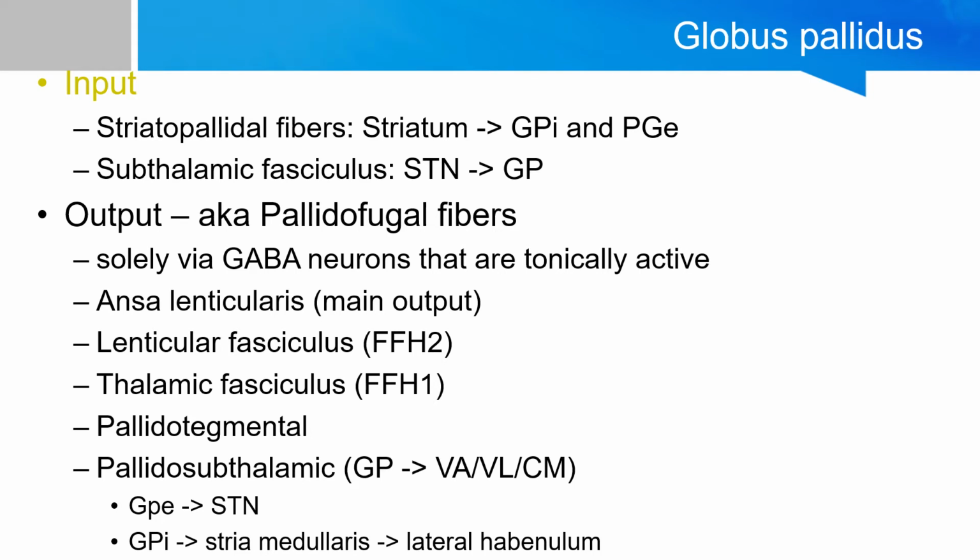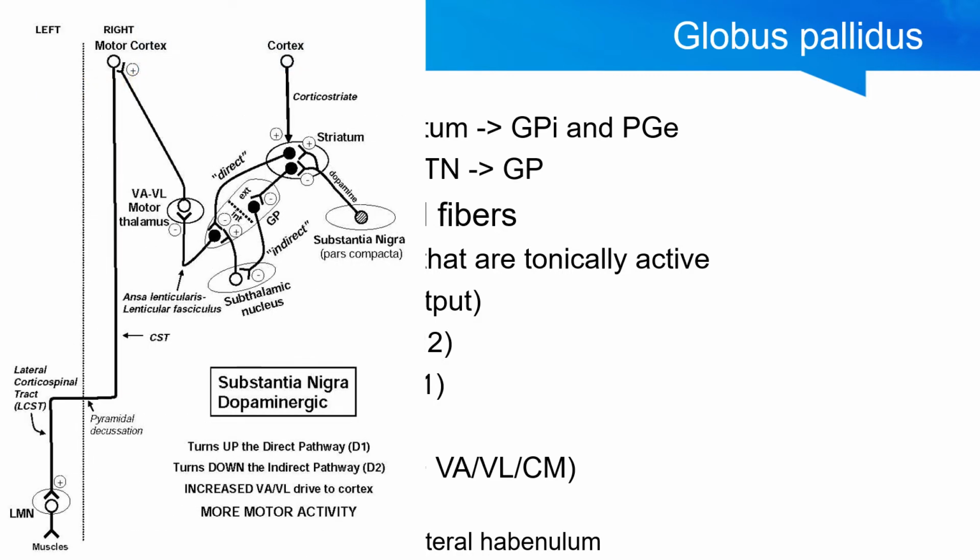So the globus pallidus has many inputs and outputs. In terms of the globus pallidus inputs, remember in the basal ganglia pathway, we talked about two structures that go into the globus pallidus, namely the striatum in the direct pathway and the subthalamic nucleus in the indirect pathway.